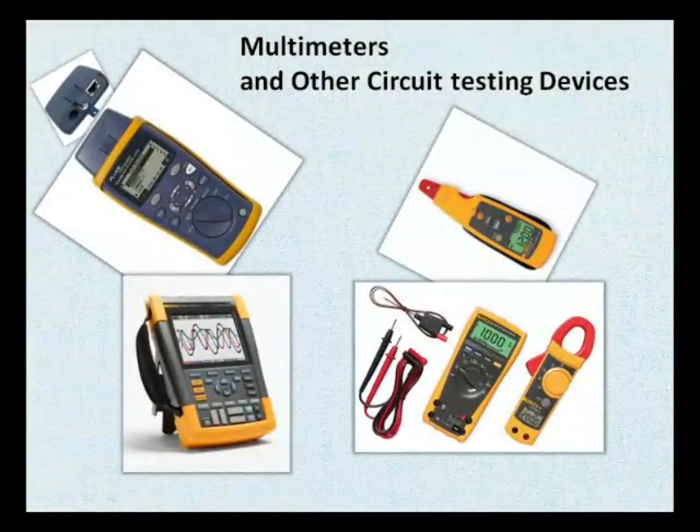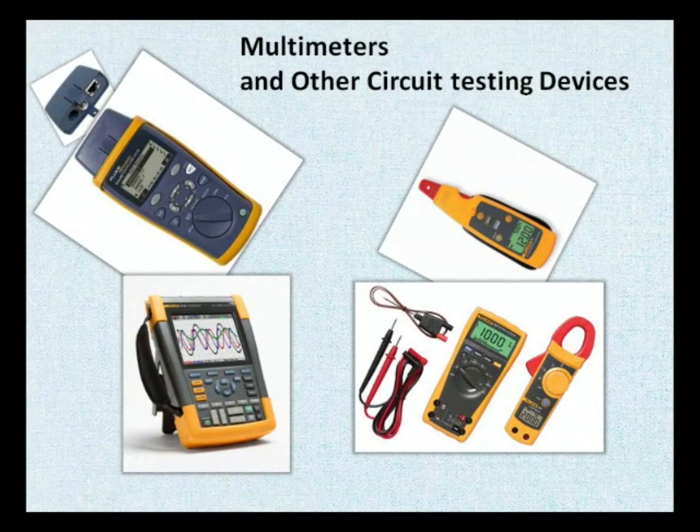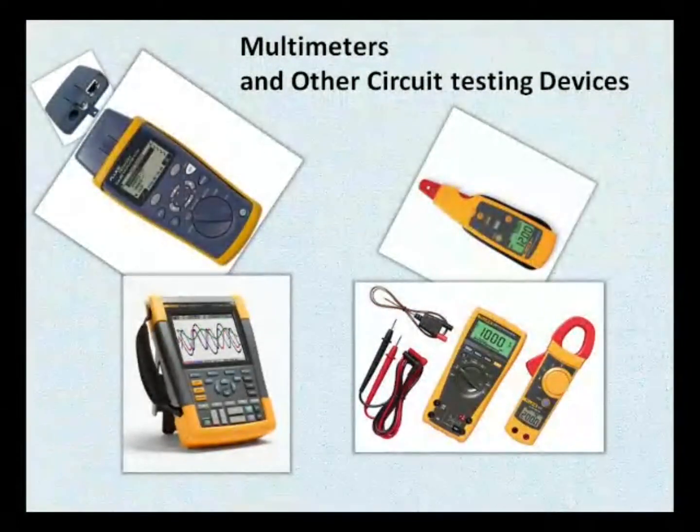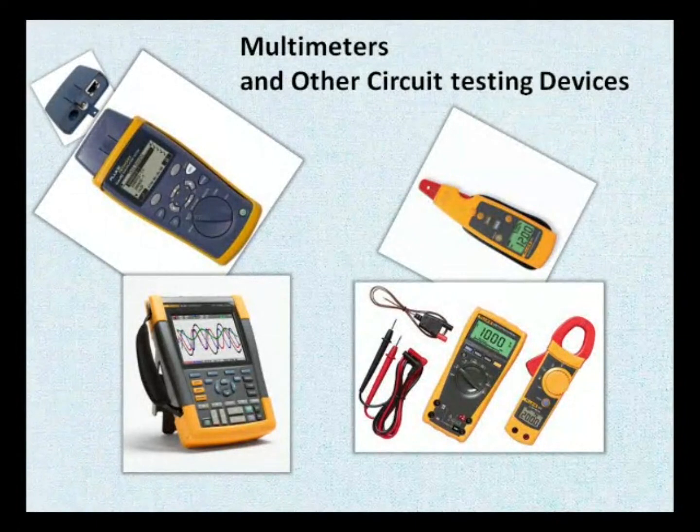Most of the multimeters you're going to use are going to be digital. However, sometimes you want to use an analog meter because of the type of voltage or current that you're going to measure, and the digital meter is just not going to cut the mustard. All right, let's just keep going.